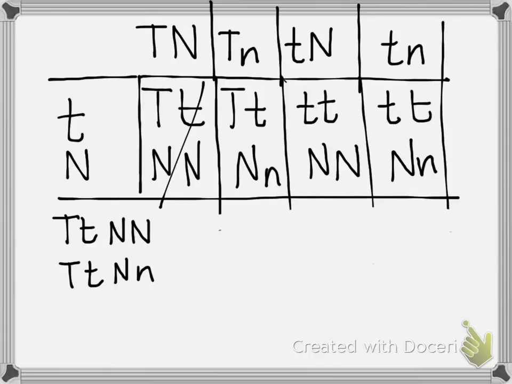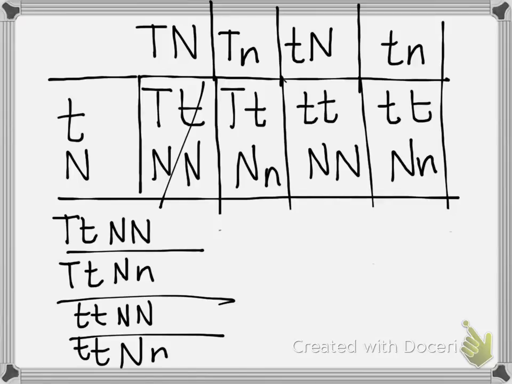They're all different. We have little t with big N, and little t with big N, little n. And how many of each of them do we have? 1, 1, 1, and 1. So what's our ratio? 1 to 1 to 1 to 1.